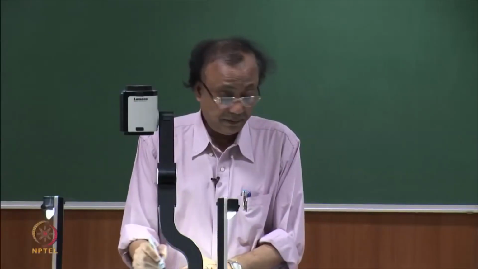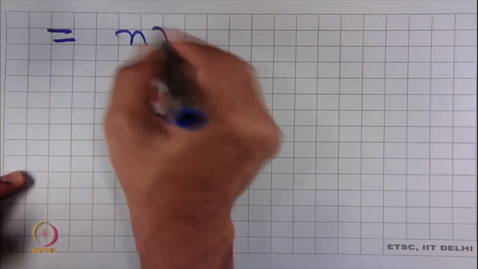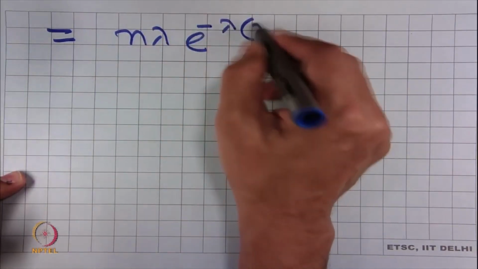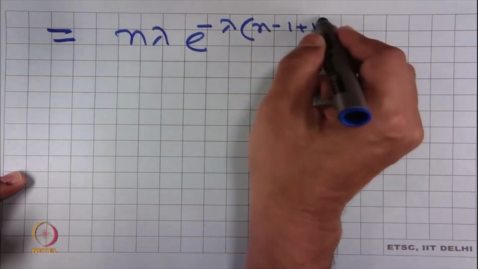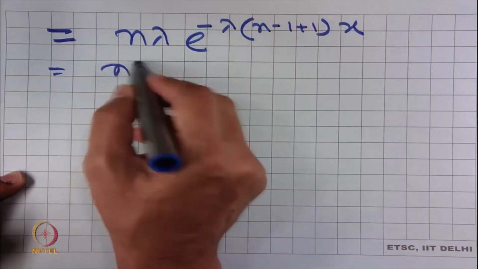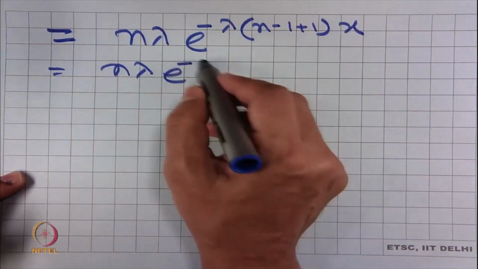This is equal to n lambda e to the power minus lambda into n minus 1 plus 1 x, which is equal to n lambda e to the power minus n lambda x.